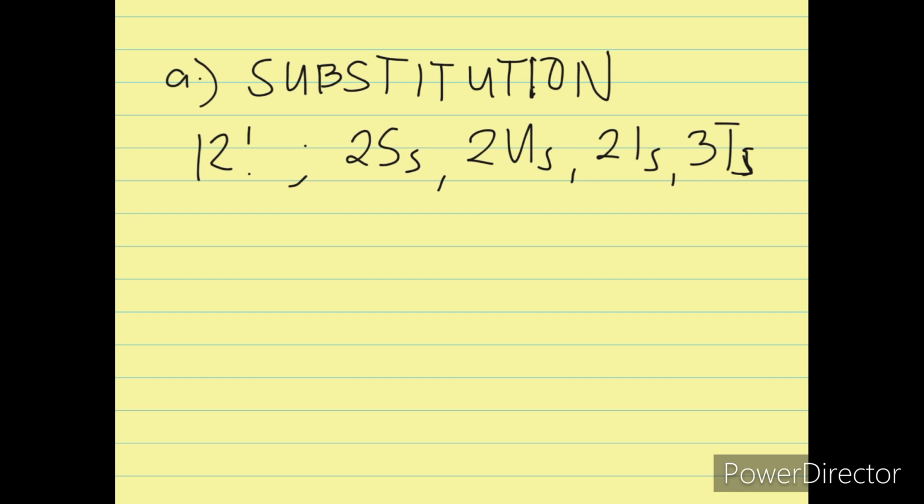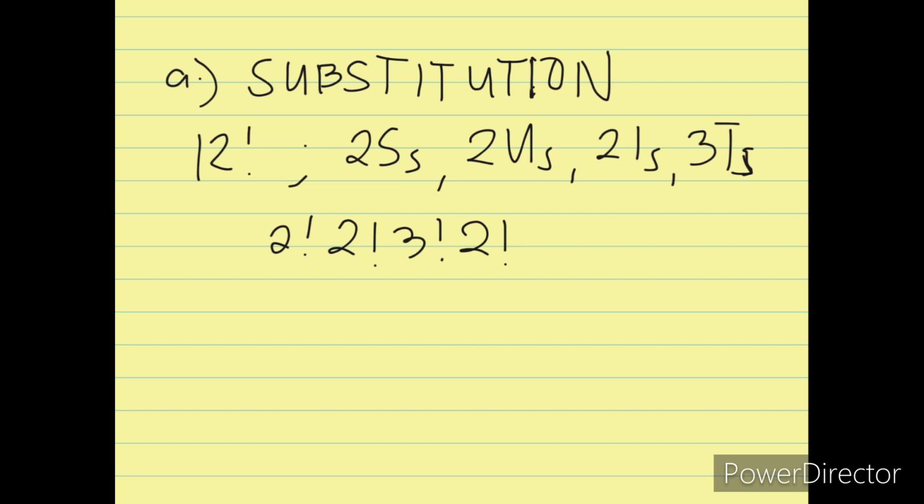The two S's, the two U's, the three T's, and the two I's can be permuted in 2 factorial, 2 factorial, 3 factorial, and 2 factorial ways respectively in each permutation without altering the result.